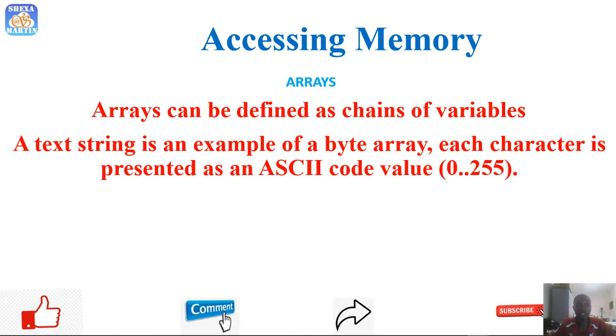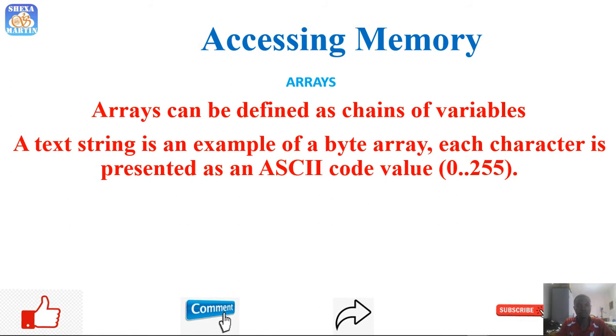What we mean by this is a small letter a is represented by a certain ASCII code which is within the range 0 to 255. Any character, comma, hash, ampersand, star, n, q, and the other thing is small letter a and capital letter A are represented by different ASCII code values.